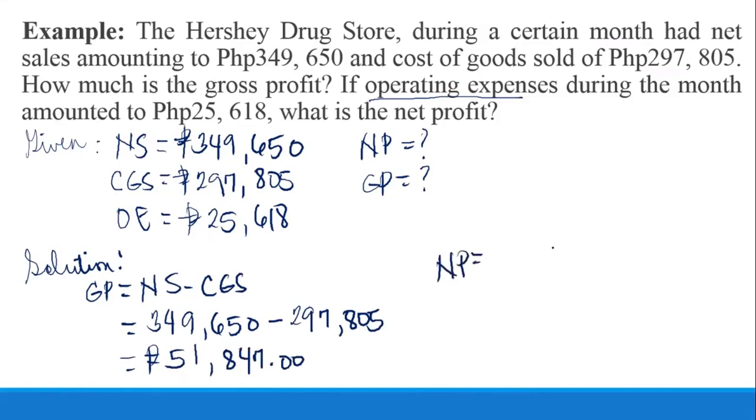Okay. So next is for the net profit. Okay, net profit is the difference between the gross profit and your operating expenses. Okay, so yung gross profit na nakuha natin is equal to 51,847 pesos. Your operating expense is 25,618 pesos.